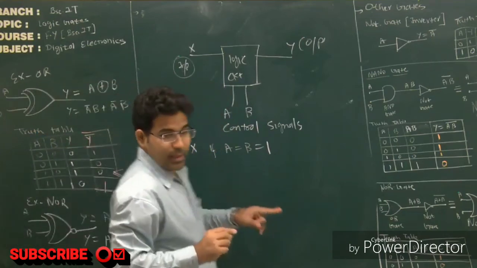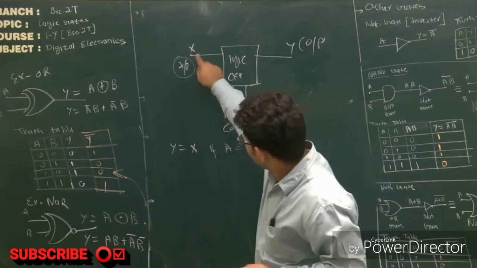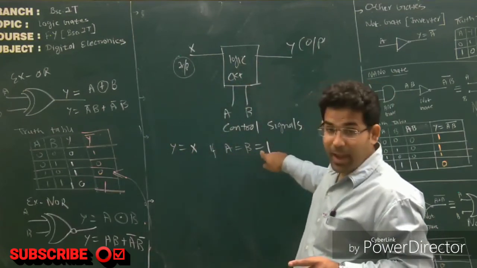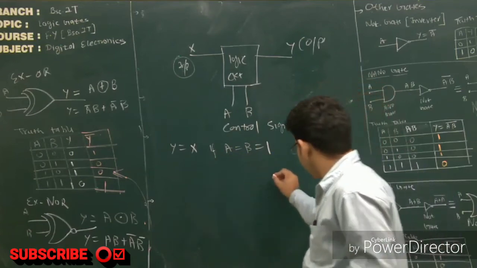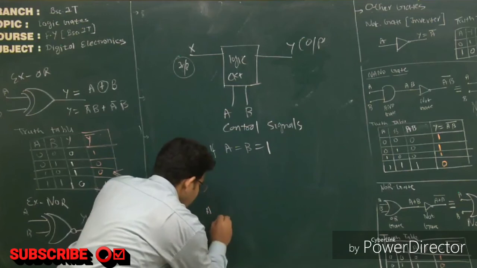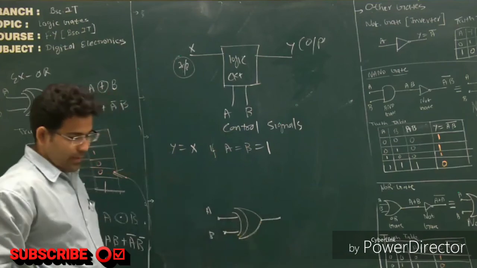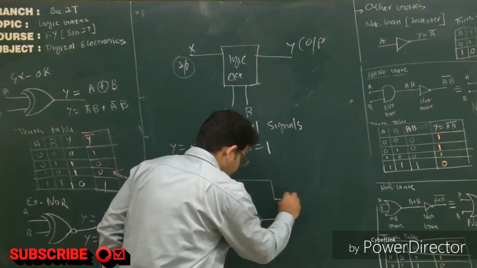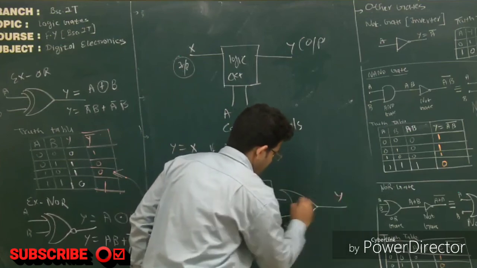In this case, you can see input X will reach the output if the condition is matched. So A is 1, B is 1. In this case, you can simply use A, B, and XOR them, and then this is your input X. Give this X input, and let's say this is my output.